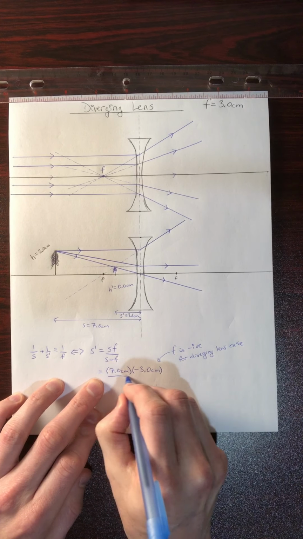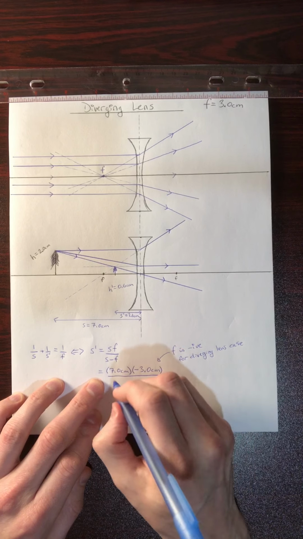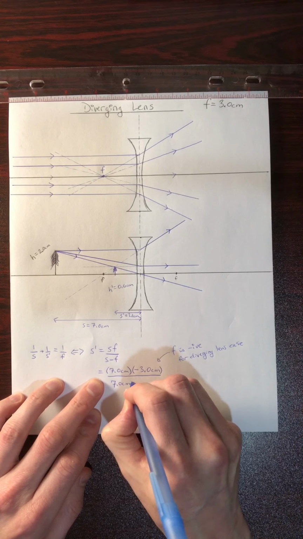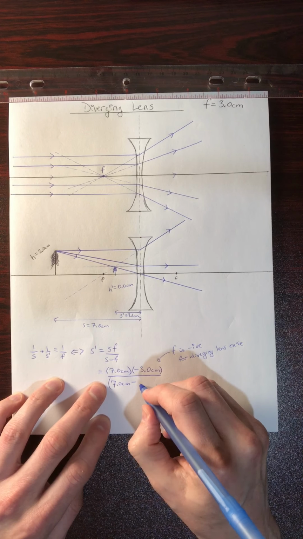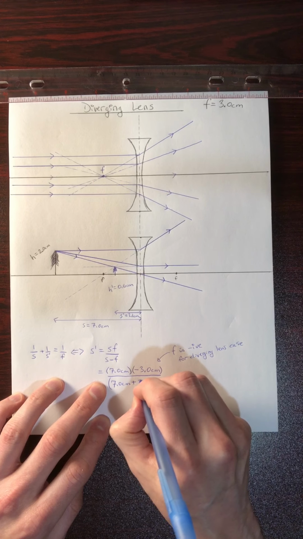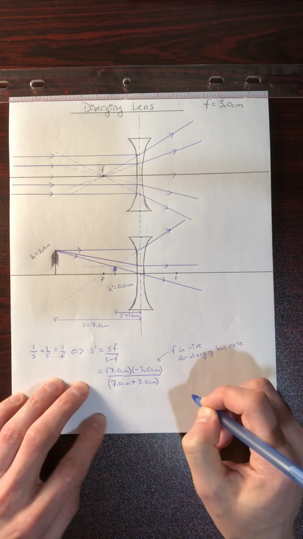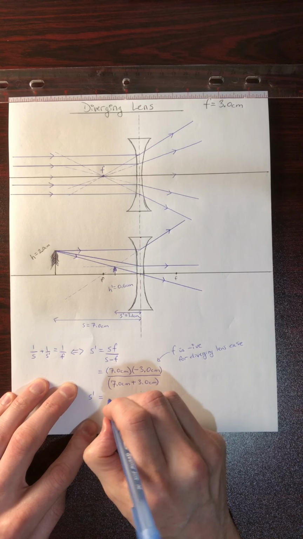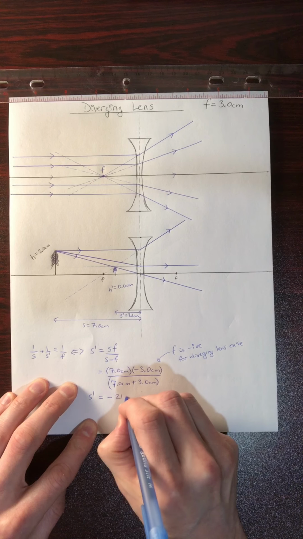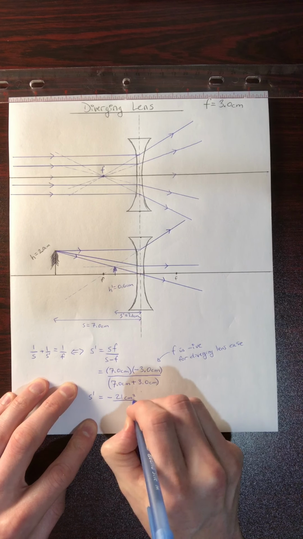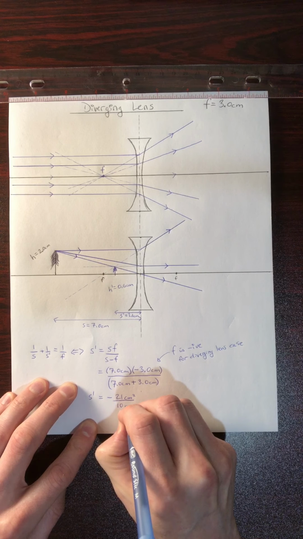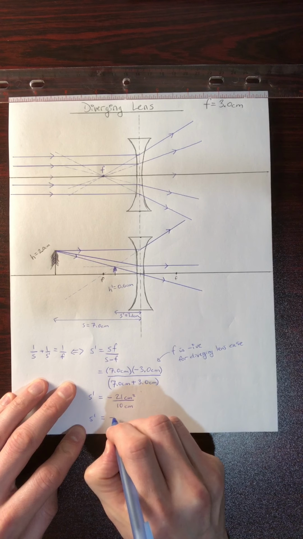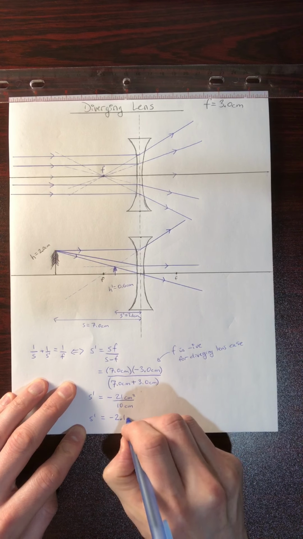Okay, so that's important. And then we get S, again, 7 centimeters minus, this is going to be minus, so it's plus 3 centimeters. And we get S primed value of minus 21 centimeters squared over 10 centimeters. So we get an S prime value of minus 2.1 centimeters.